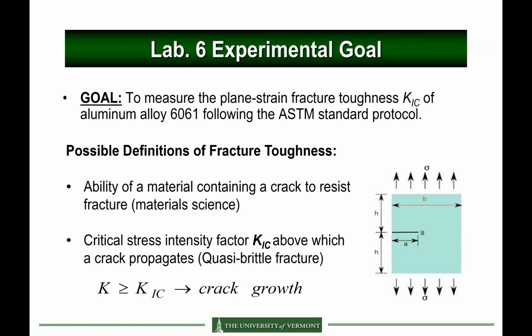So what are we defining here by fracture toughness? From a material standpoint, it's the ability of your material, in the event it contains a crack, to resist fracture or resist the propagation of this crack.